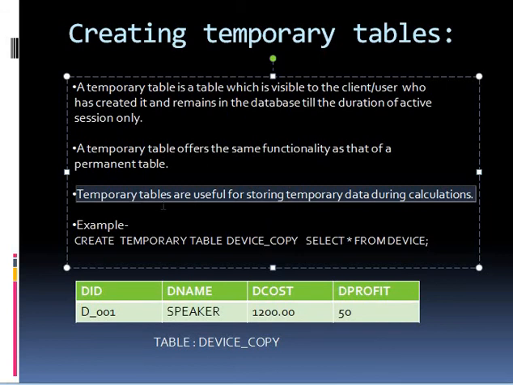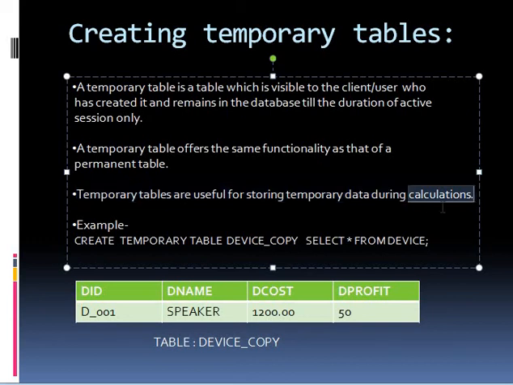We basically use temporary tables for storing temporary data. Whenever we do some calculations such as addition, subtraction, division or multiplication, whatever sort of calculations, we tend to store some data temporarily. All those data can be stored in temporary tables.